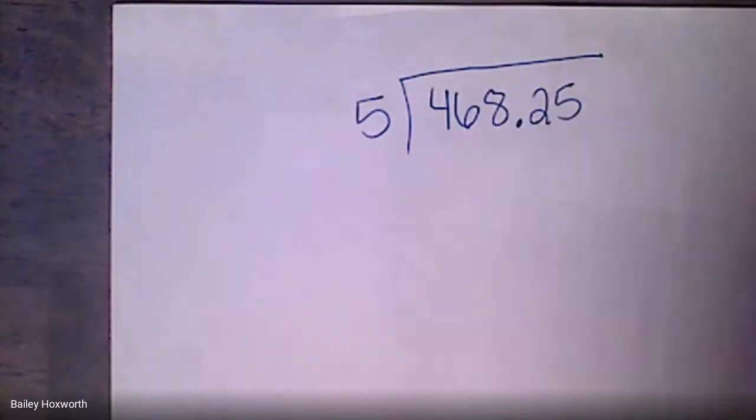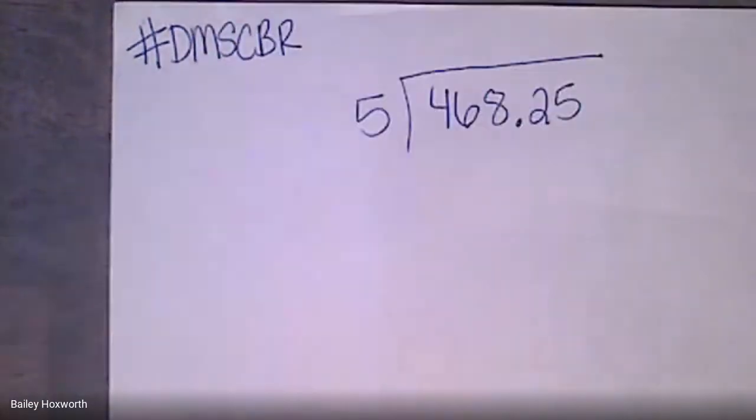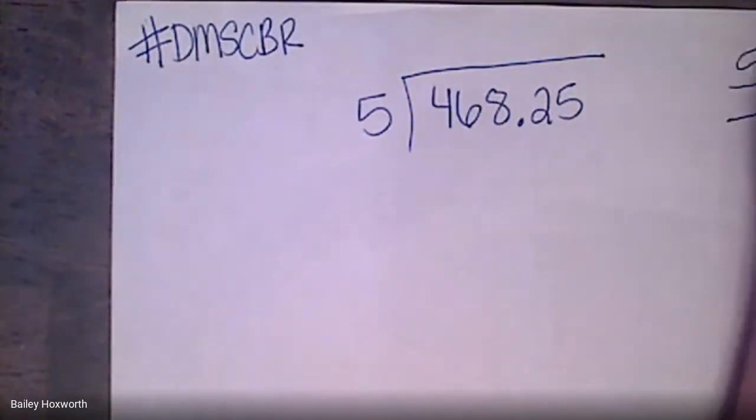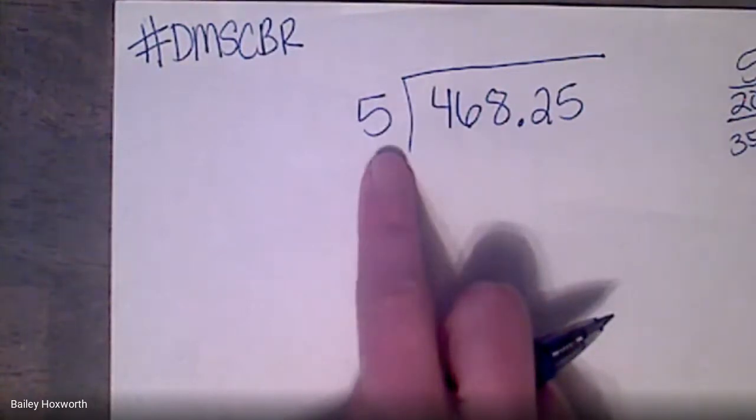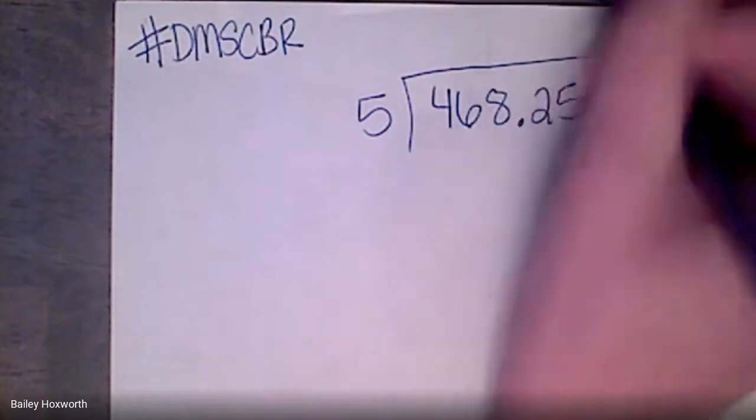Divide, divide, multiply, subtract, check, bring down, repeat. These are my steps. First thing I need to do, write my multiples of 5. And I do not have a decimal on the outside of my house, so my decimal on the inside of my house goes straight to the top.